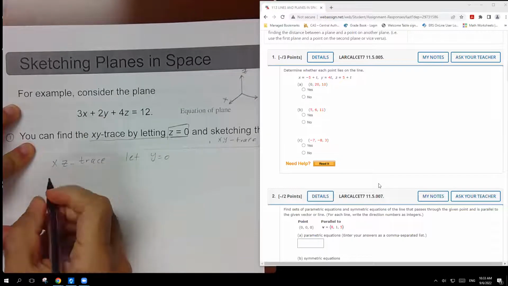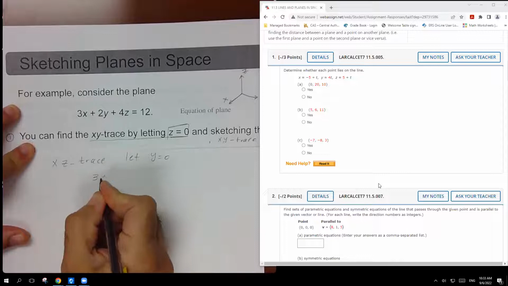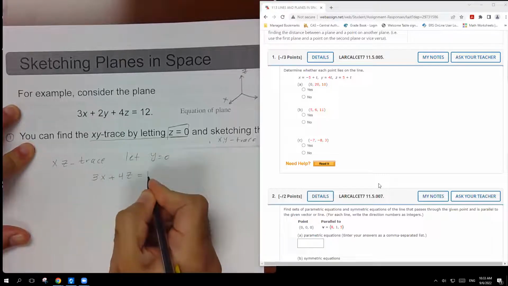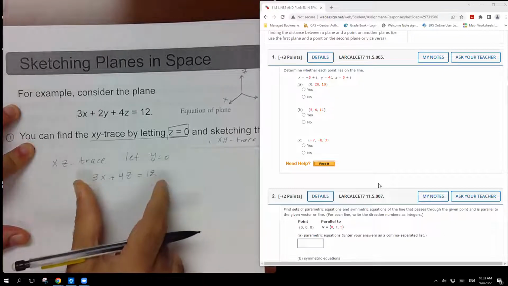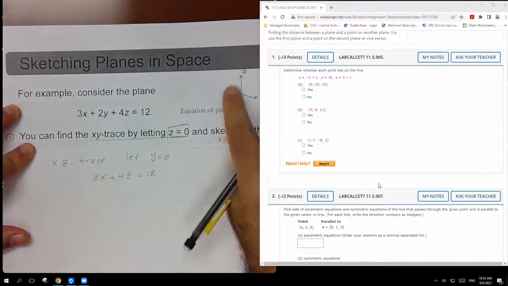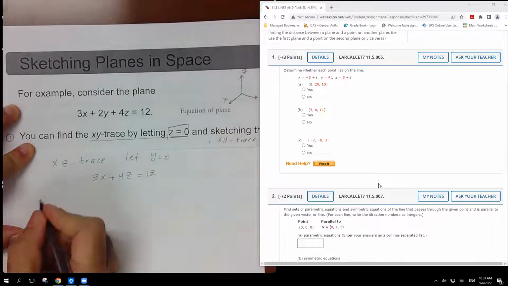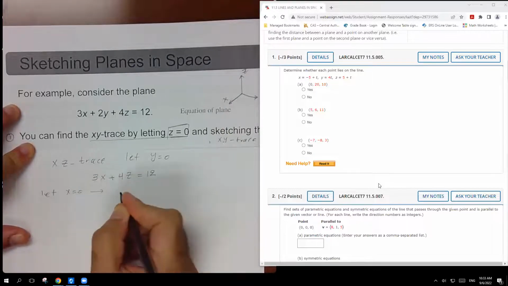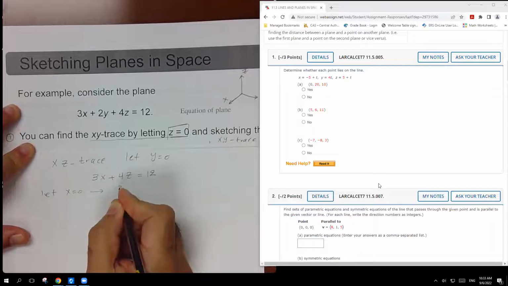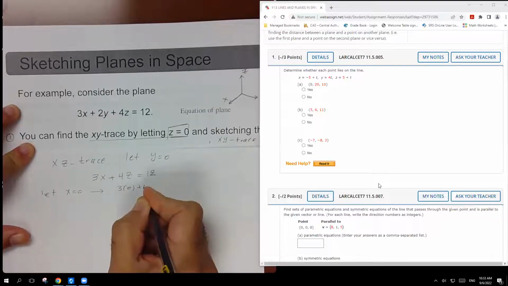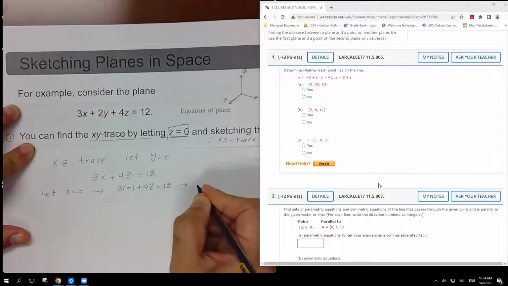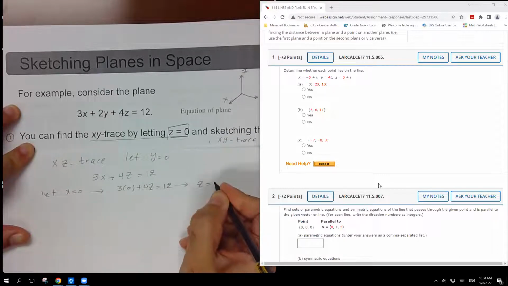So the equation is going to be 3x plus 4z equals 12. Now I need to graph this trace. Let's get the points. I'm going to let x equal 0. That means 3 times 0 plus 4z is going to be 12, so z is going to be equal to 3.